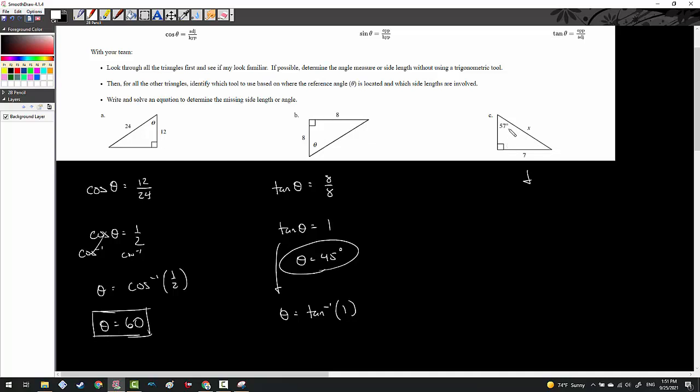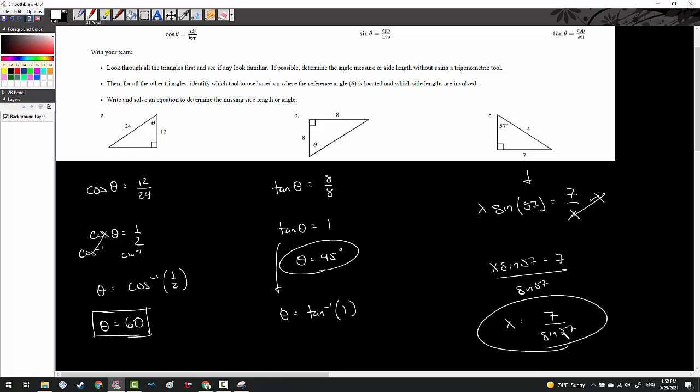So the trig function that relates angle, opposite, hypotenuse is going to be sine. So sine of 57 is equal to opposite over hypotenuse. I'm going to go and get x by itself. So I get x times sine of 57 is equal to 7. Divide both sides by sine of 57, and I get x equals 7 over sine of 57.